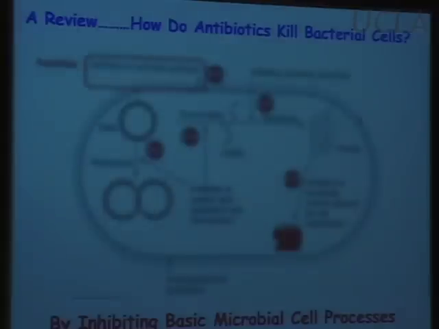Antibiotics don't affect human cells, they affect bacterial cells, and they're generally made by other bacteria or by fungi, again in sort of a microbial warfare. And these antibiotics can prevent the cell wall from synthesizing, can prevent DNA replication, can prevent transcription, can involve translation, a variety of different things. And we discussed this a few weeks ago.